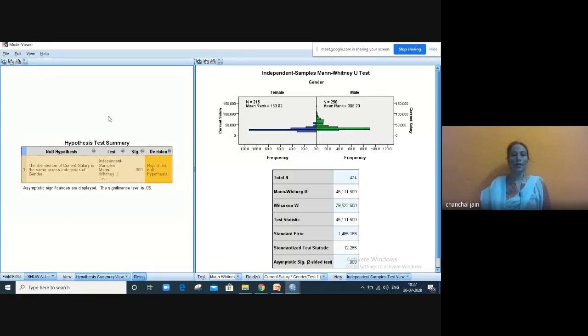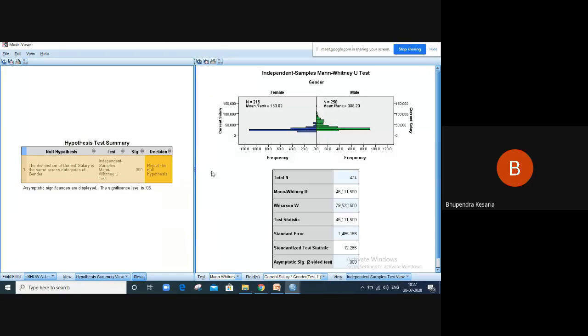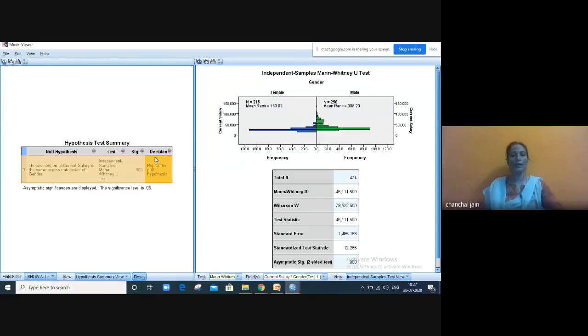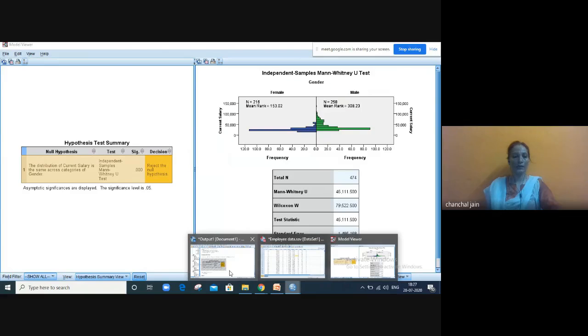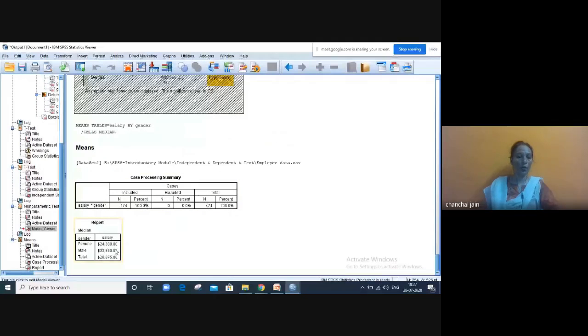Sir, by default SPSS gives you the mean rank only. That is why you have seen I have performed a little bit of an exercise for you. We have calculated the median also, and in the output window you can see the values. These median values also indicate there is a difference between the salary of male and female.